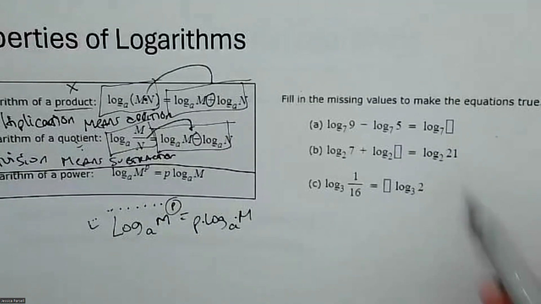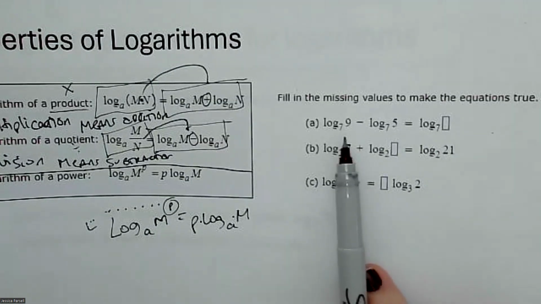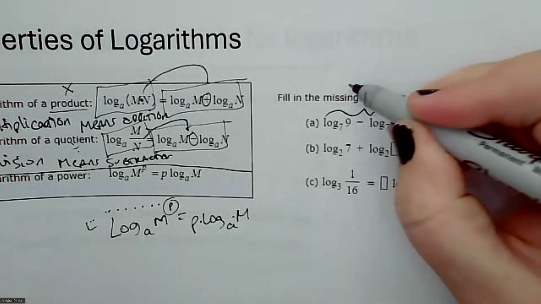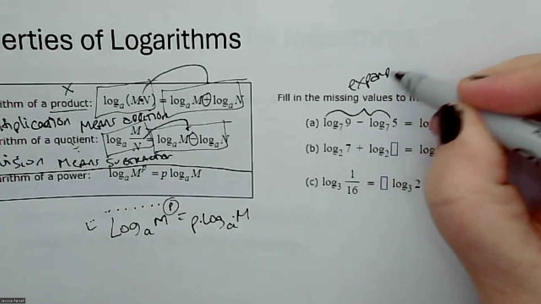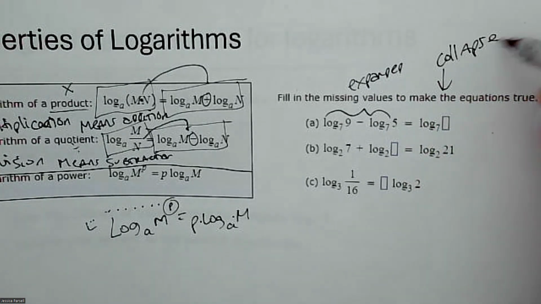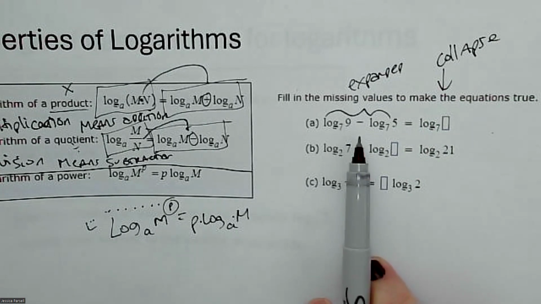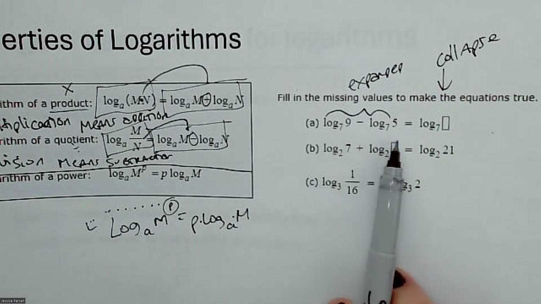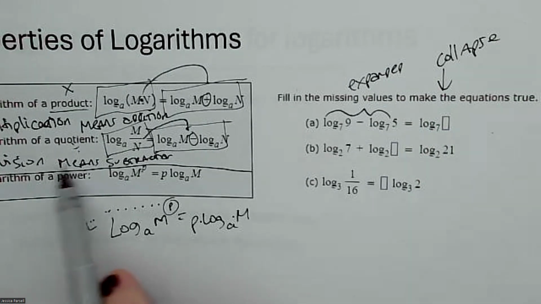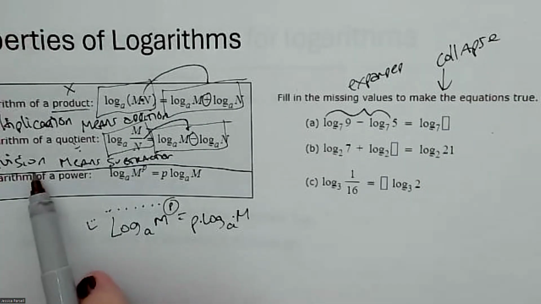So we're going to use some of these rules to help us with these. These are the expanded versions, and they want us to collapse them. See the subtraction? As soon as you see subtraction between two logs with the same base, go back to your quotient rule. Division means subtraction, subtraction means division.